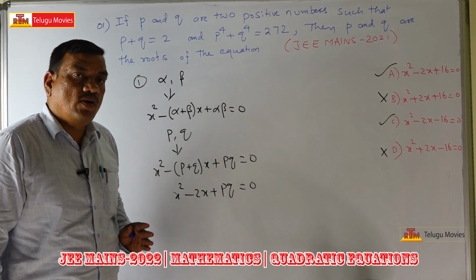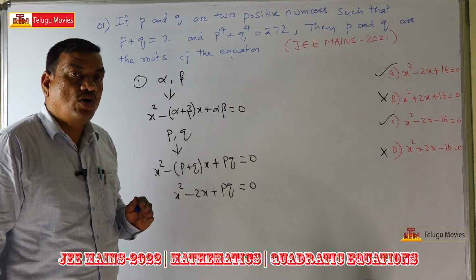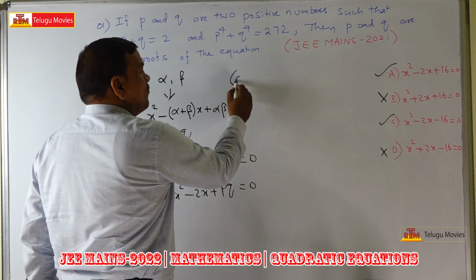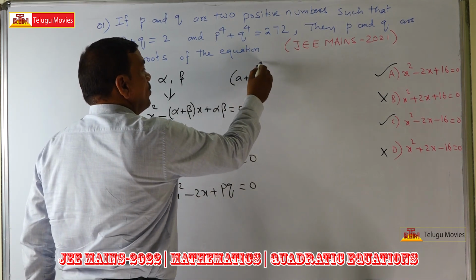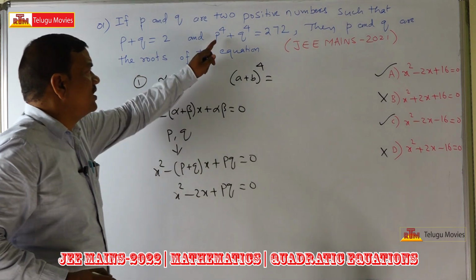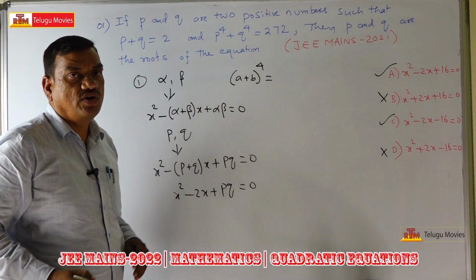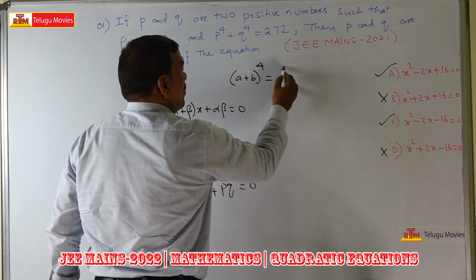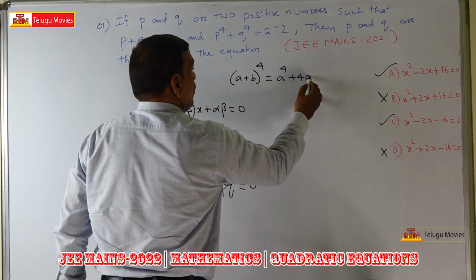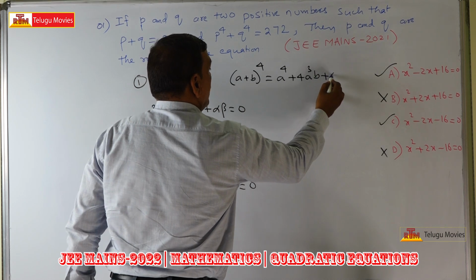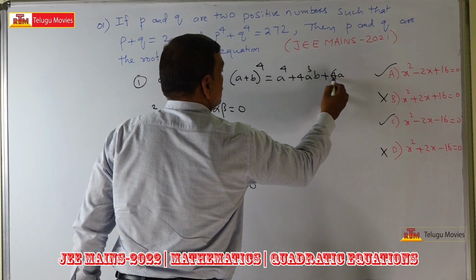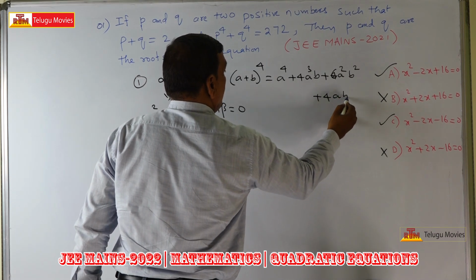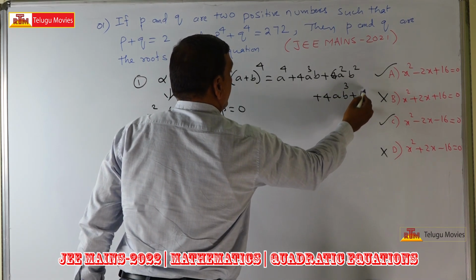To solve this problem, one more concept you have to know from binomial theorem. What is the expansion of A plus B whole power 4? Why? Because we want P power 4, Q power 4. The expansion is A power 4 plus 4A cube B plus 6A square B square plus 4A B cube plus B power 4.